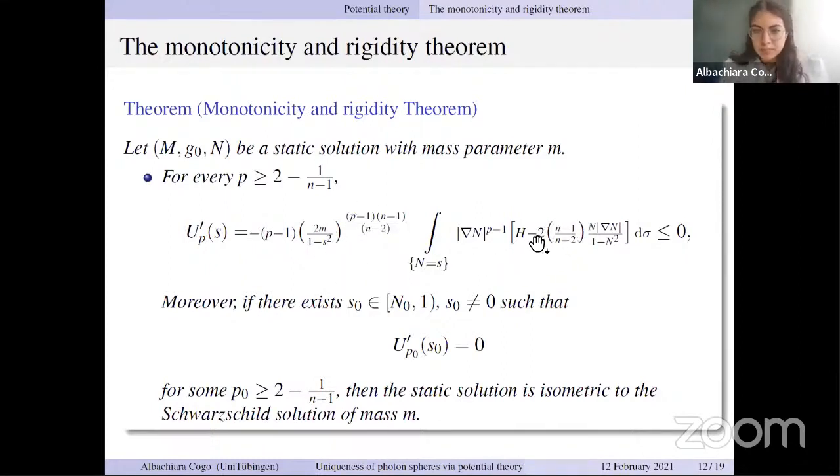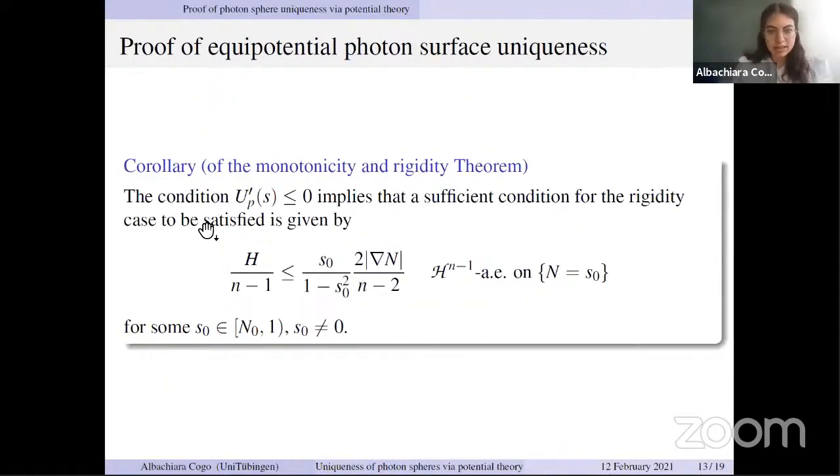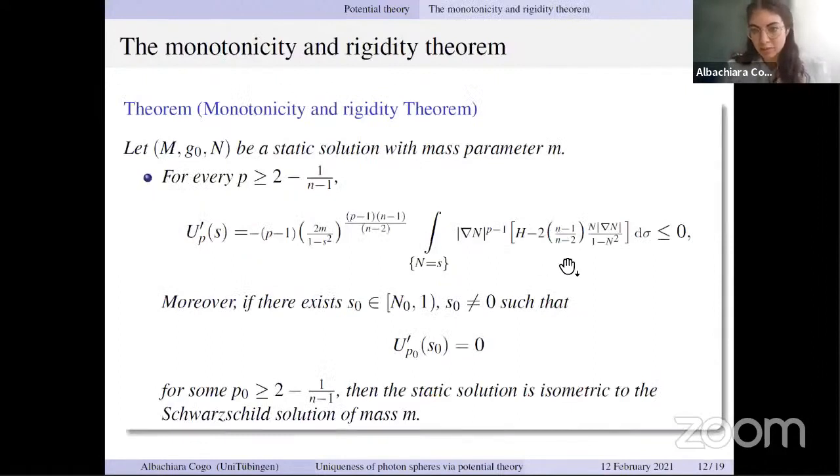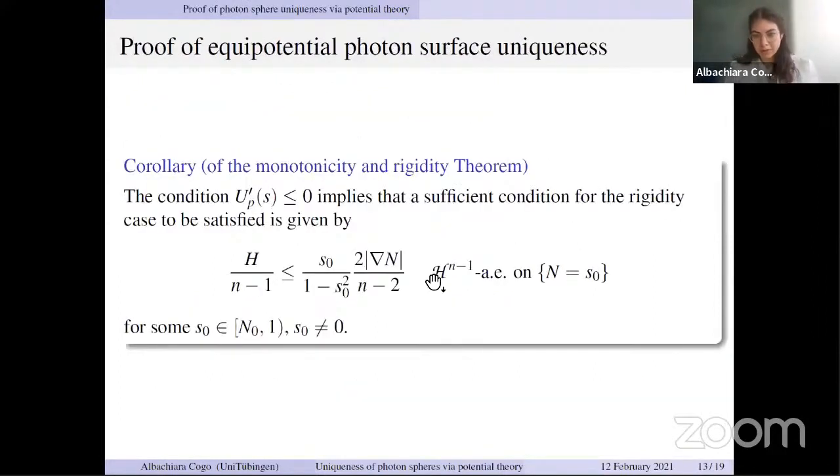And a sufficient condition for that is just that this inequality holds almost everywhere, which means that the quantity in the brackets here is less or equal than 0 almost everywhere with respect to the Austin measure on some level set of n.